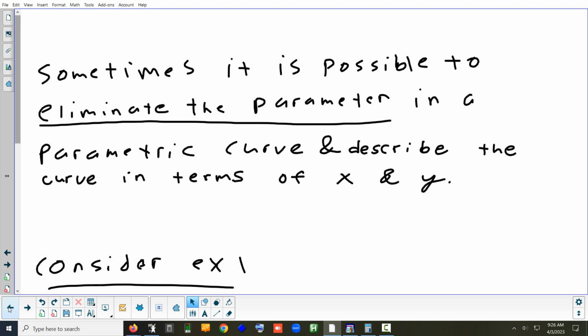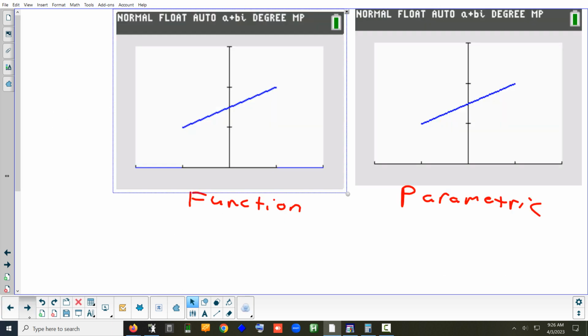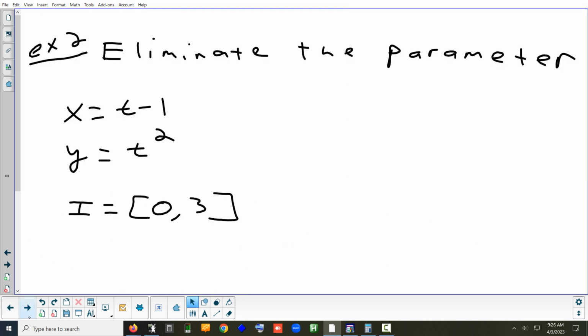Let's try another one where we eliminate the parameter. Yeah, let's try this one. Okay, so first thing we need to do is pick an equation that we're going to solve for t. Okay, which equation did I say you always want to solve for t?